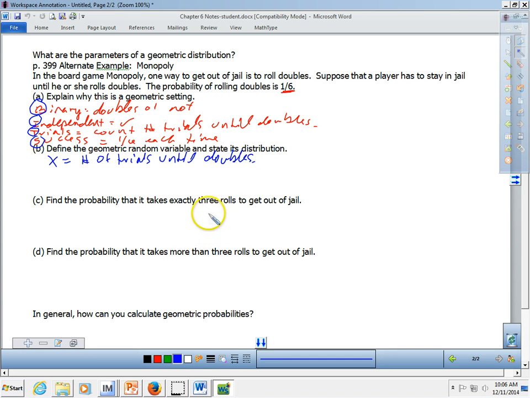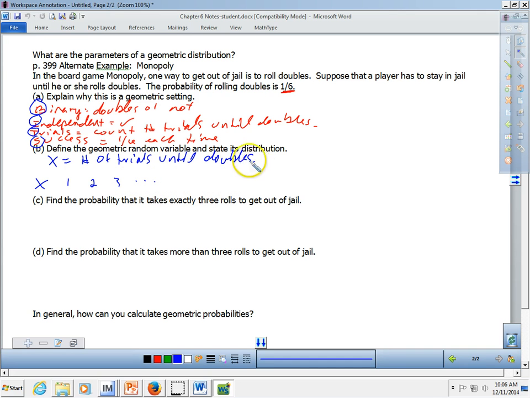right? State its distribution is kind of a weird way of saying this, but what that means is, okay, I know that x is going to take on different values, right? It might happen on the first roll, the second roll, the third roll, all the way out to who knows when, okay?